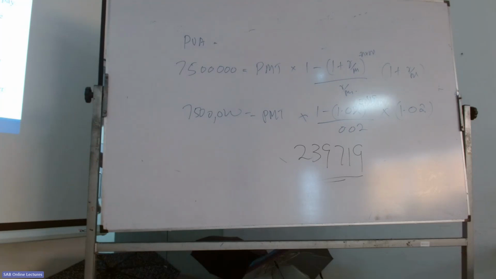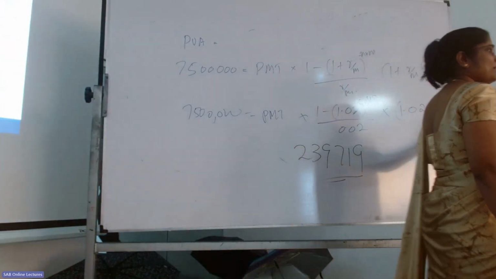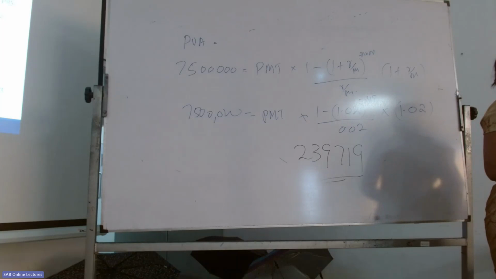What is the application? How do we determine the number of deposits he has to make to collect this money? What will be the application?